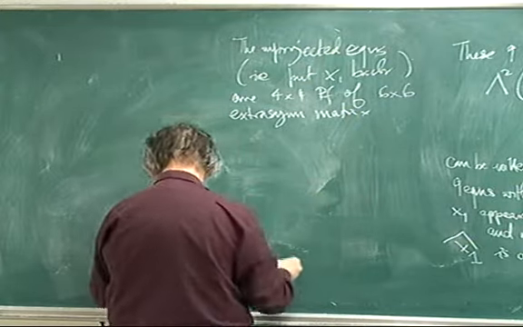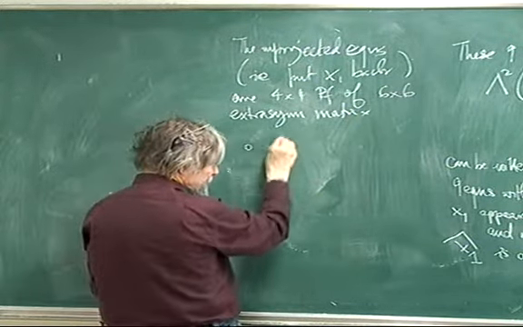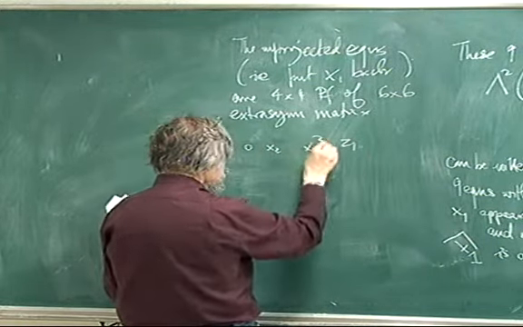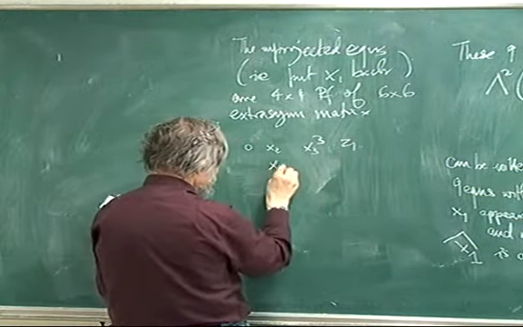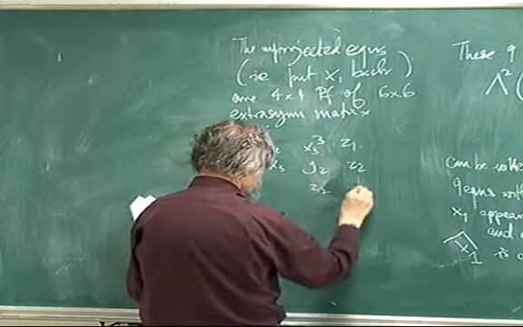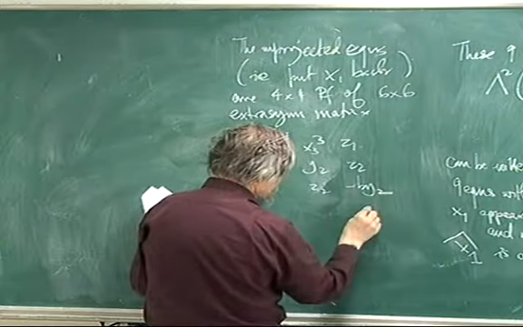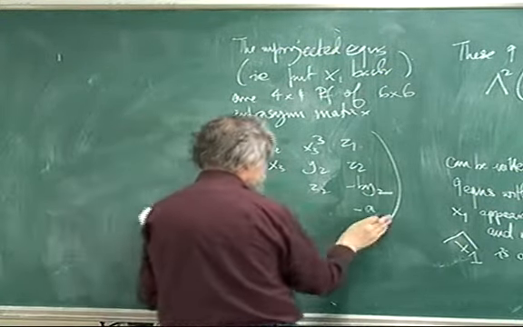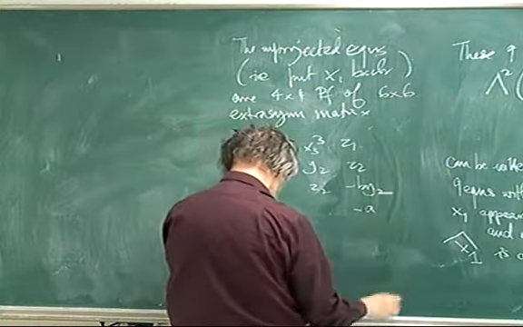Right. And so I write the same thing, 0, x2 squared, x3, z1, sorry, x3, y2, z2, z2, minus by2 and minus a. Sorry, I haven't finished.